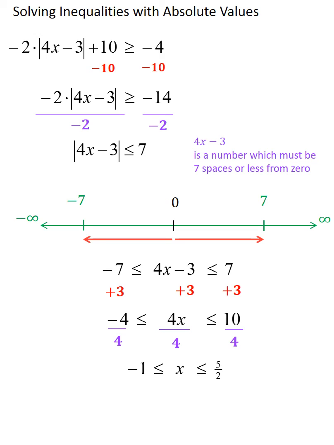In other words, x is between negative 1 and 5/2, or written using interval notation, x is all numbers from -1 through 5/2. And again, notice the brackets of inclusion indicating that x could actually equal -1 and that x could actually equal 5/2, and this inequality would still be true.